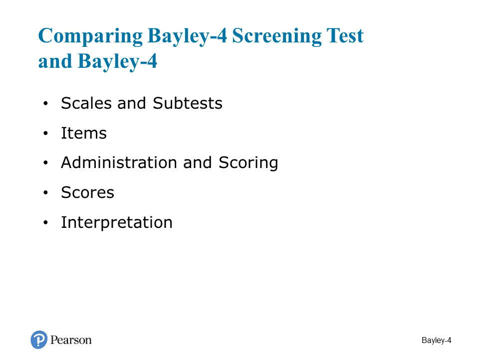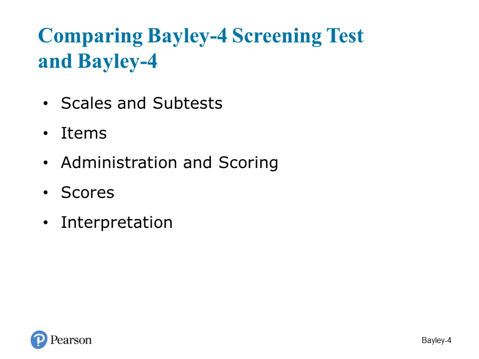Administration and scoring of the Bayley-4 Screening Test uses the materials that are part of the kit. For your Bayley-4, there is the option of the on-screen administration and then the Q Global scoring. The scores that you'll be able to derive, the cut scores for the Bayley-4 Screening Test, and then for the Bayley-4, scaled scores, standard scores, percentile ranks, age equivalents, and so on.